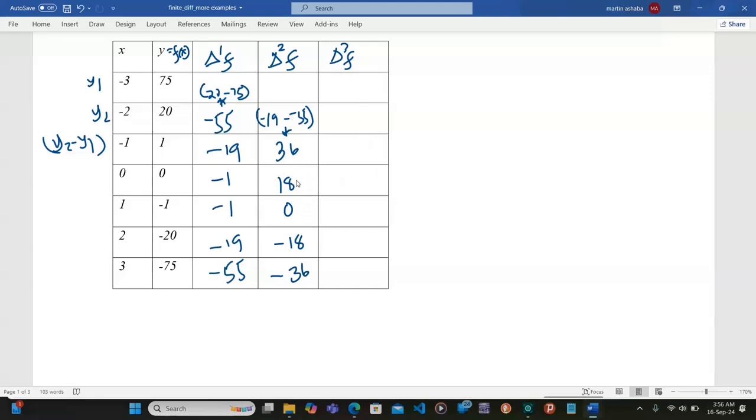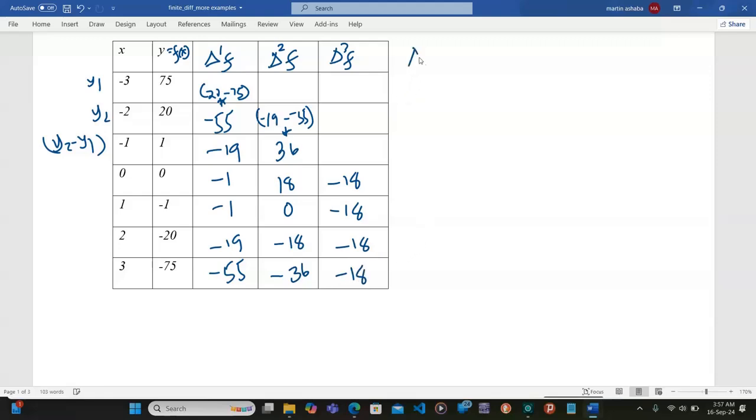So I proceed with 18 minus that, I get negative 18. 0 minus 18, I get negative 18. Negative 18 minus 0, I get negative 18. Negative 36 minus negative 18, I get negative 18.